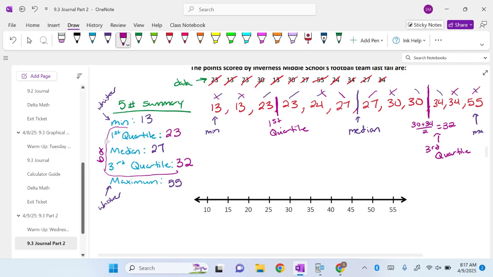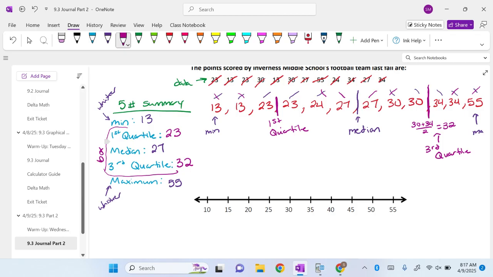So now I got my five number summary, so I can go ahead and start plotting it. Whenever I do my 5-number summary, I usually want to start by making my box first. So remember, your box is your first quartile, your median, and your third quartile. I usually like to do the first quartile and third quartile first, because that marks the limits of my box.